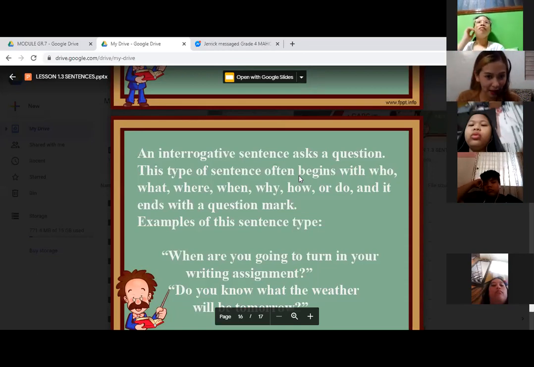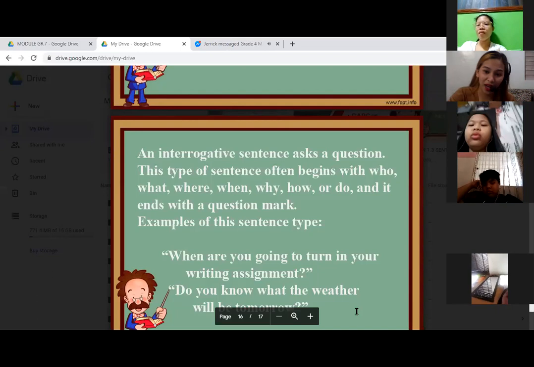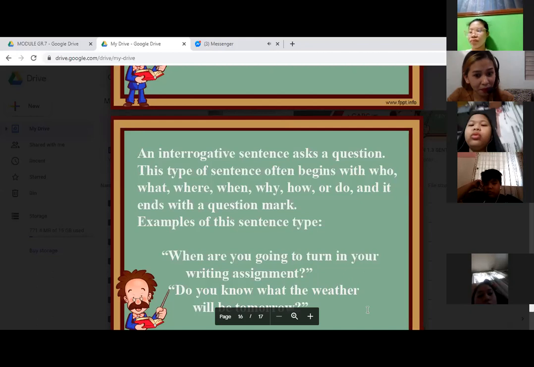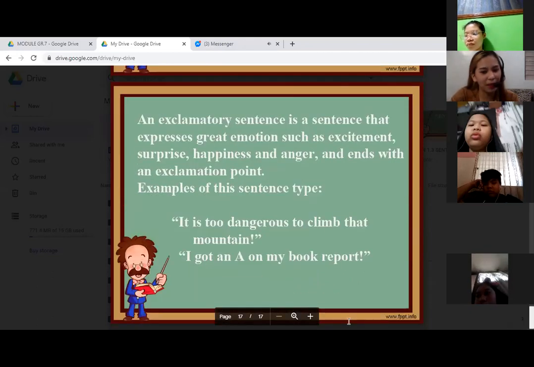Do you understand? Okay? And lastly, do you know what the weather will be tomorrow? Di ba nagtatanong ka? Ma'am, hindi naman WH question yan eh. Okay lang. As long as you're asking a question, it's still interrogative. Maliwanag.